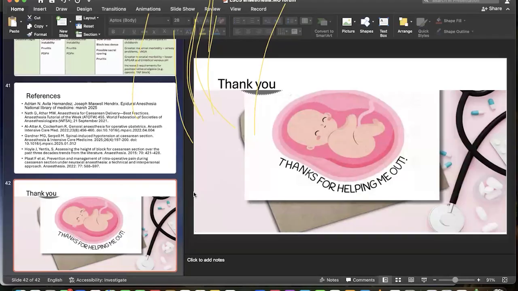The idea behind going for regional techniques is to prevent any airway handling, because we all know that the patient may have a short neck, an edematous airway, and the intubation may be difficult. And on top of it, we need to do a rapid sequence induction with a full stomach. So there is a risk of aspiration.